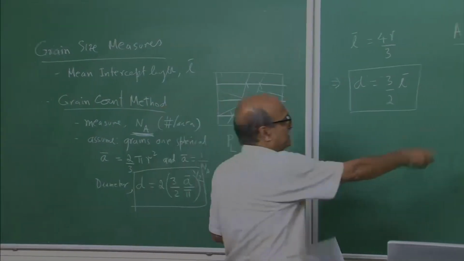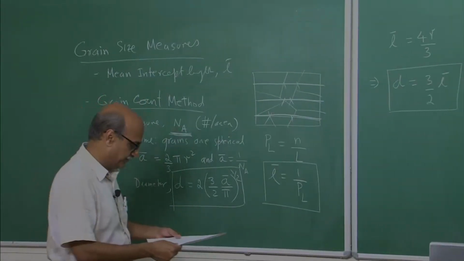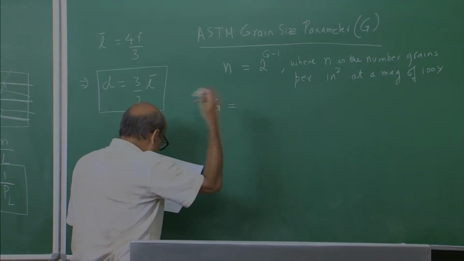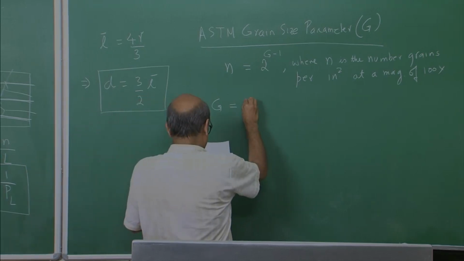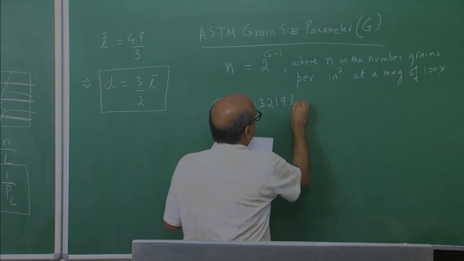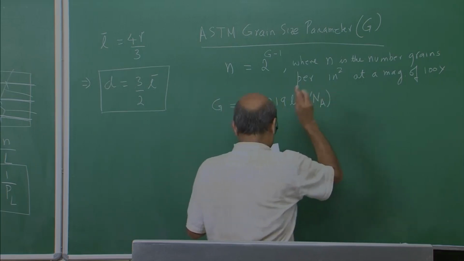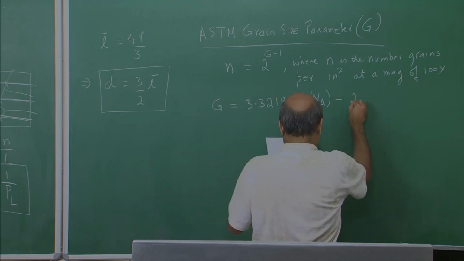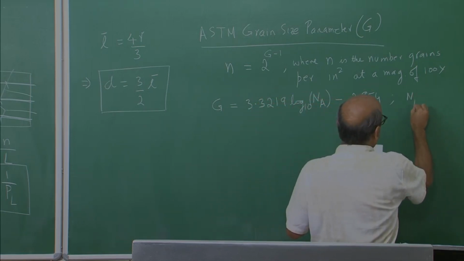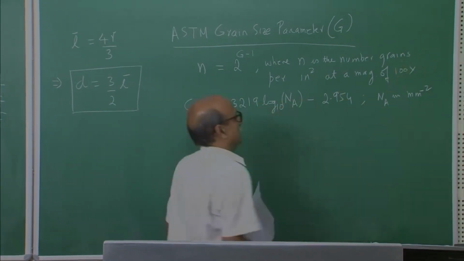It is essentially a conversion of this formula to different units using NA, and one can write the ASTM grain size parameter in terms of NA as G = 3.3219 log to the base 10 of NA minus 2.954, where units of NA are per millimeter square.